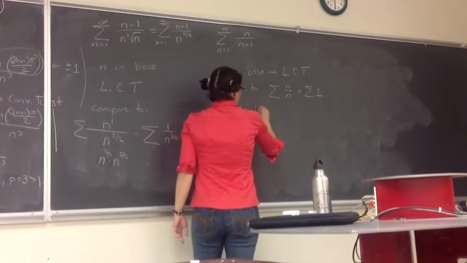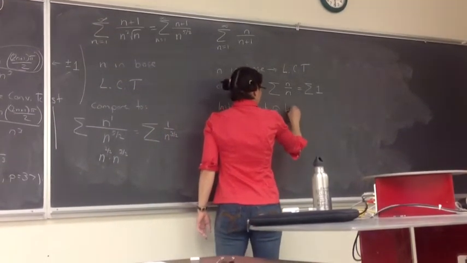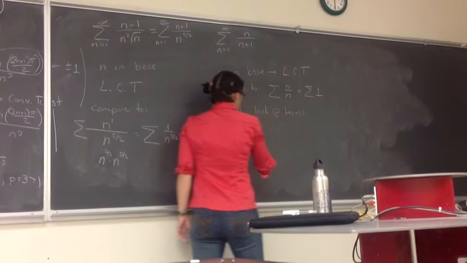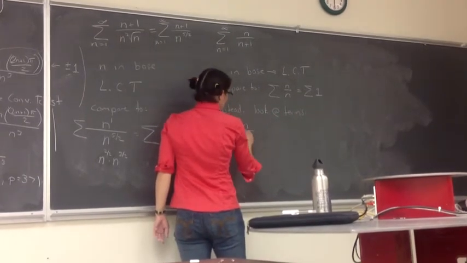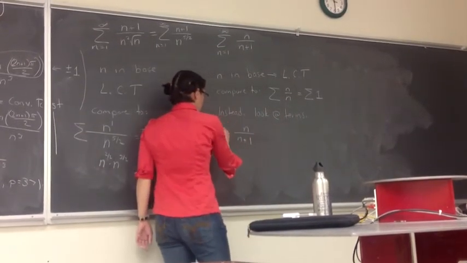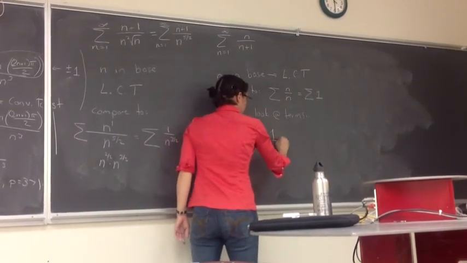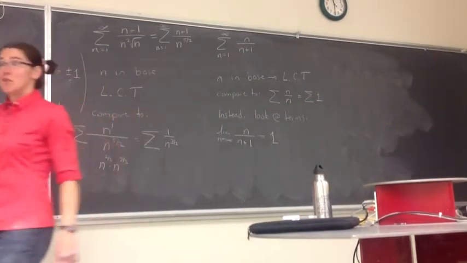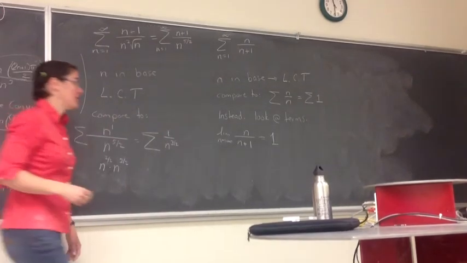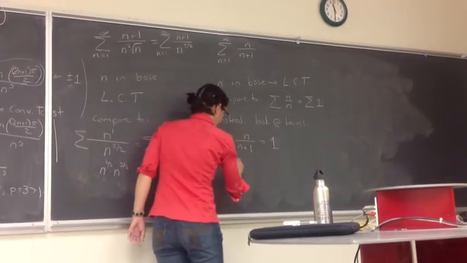I'd like to look at the terms n over n plus 1, take the limit as n goes to infinity, and I get a value of 1. My terms do not approach 0, so my series diverges.